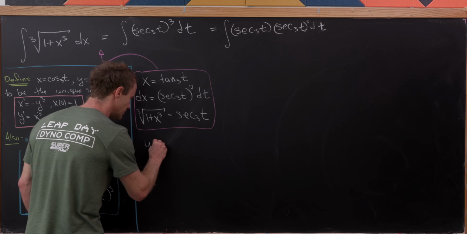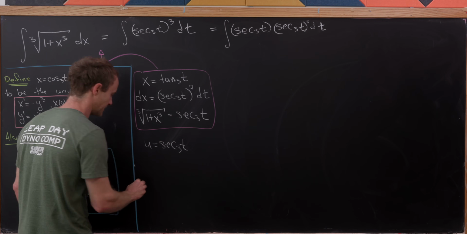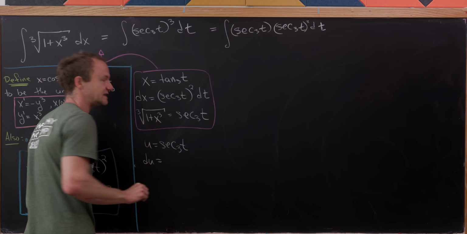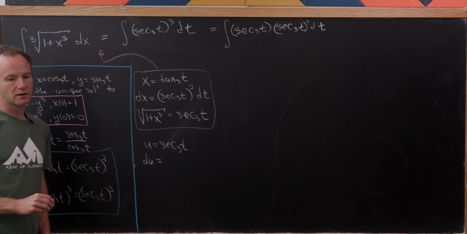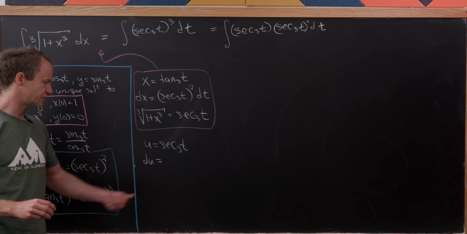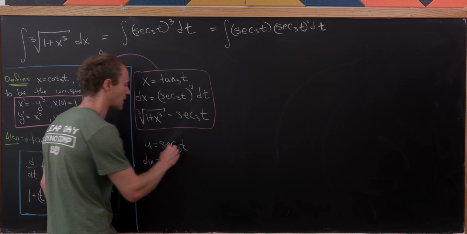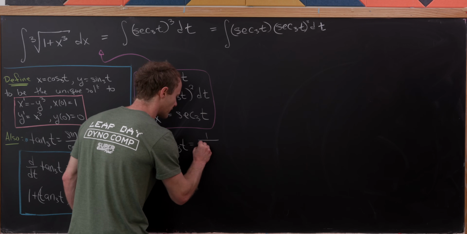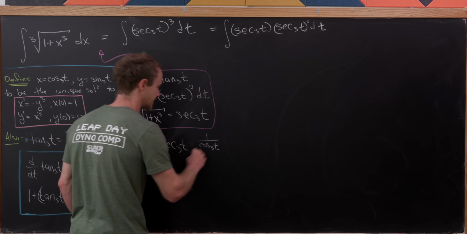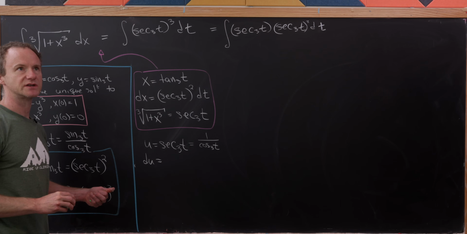So let's set u equal to this sec 3t. But what does that make du? Well, maybe I'll let you calculate it out if you want to, but observe that this is 1 over cosine. Actually, let's calculate it out. So this is 1 over cos 3t. So let's see, we're going to use the chain rule here.